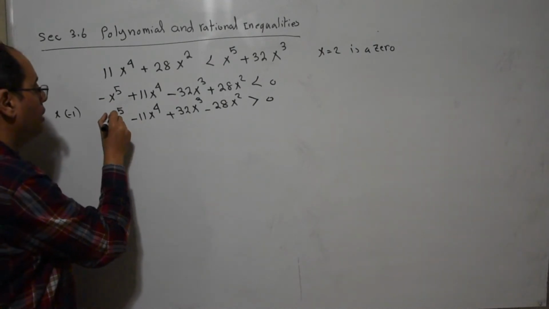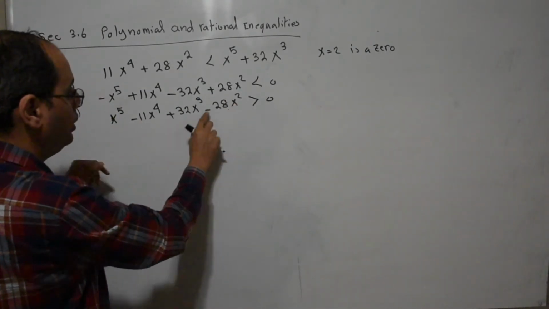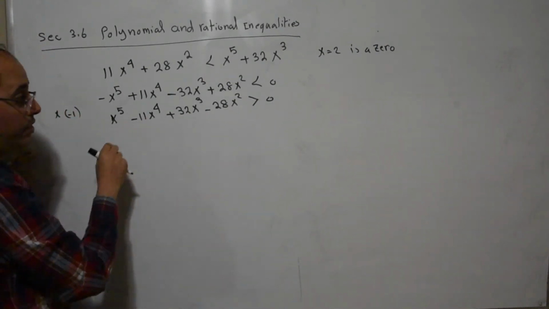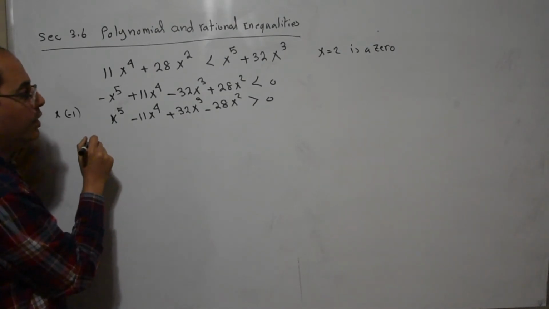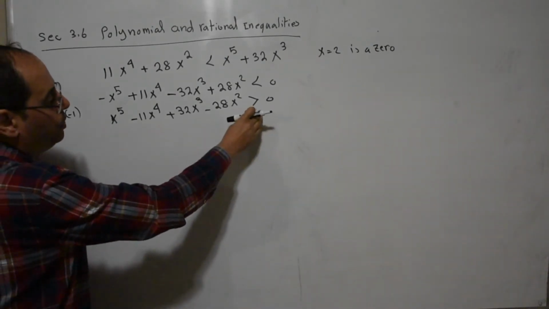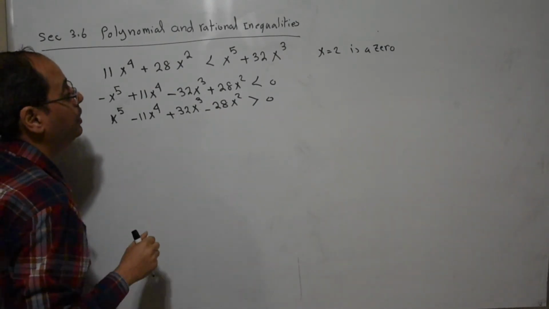Alright, so what I see here is that I can take x squared as a factor. Each one of those has x squared. So I'm going to factor x squared here. But before I factor that, I need to set the equation in step 2 and make the inequality equation.